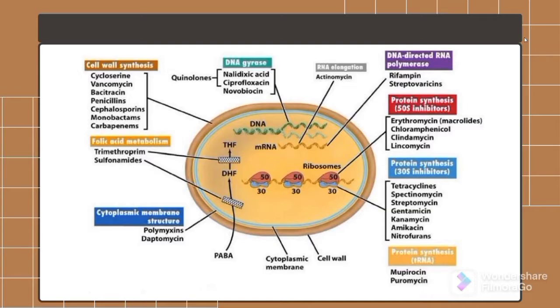Those that interfere with DNA functions like rifampin and metronidazole. Those that interfere with DNA synthesis. Drugs that interfere with intermediary metabolism like sulfonamides, sulfones, PAS, and trimethoprim. And last are those that inhibit DNA gyrase like fluoroquinolones.